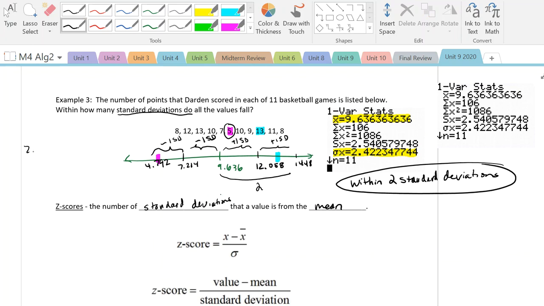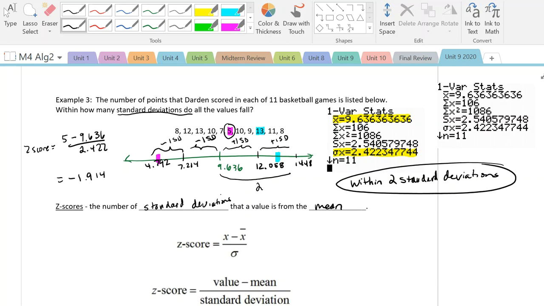So if I was looking at this 5 for a minute here, its z-score would be 5 minus 9.636 over that 2.422. Now, 5 minus 9.636 over 2.422 is negative 1.914.